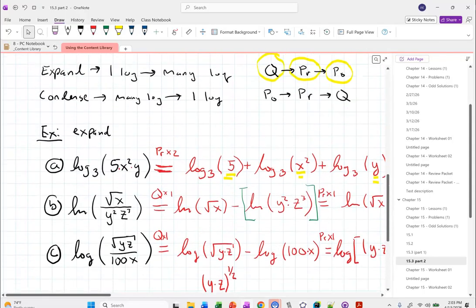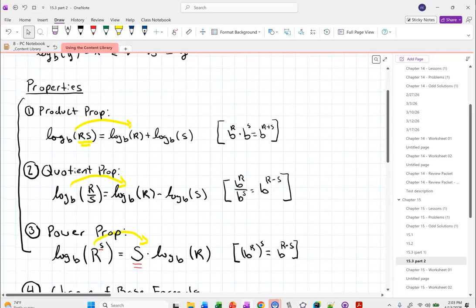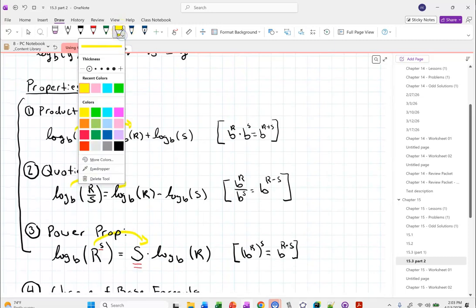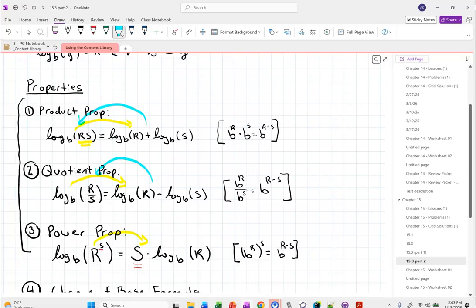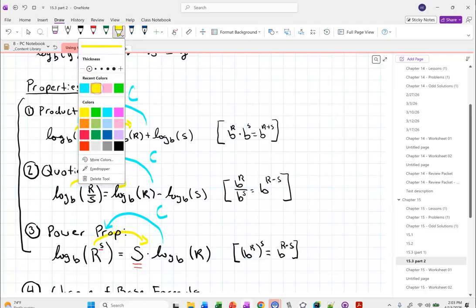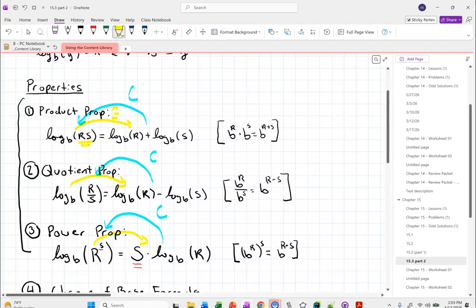And instead of reading our properties from left to right, when we're expanding, we're going to read them from right to left when we're condensing. Is everybody okay with this plan?